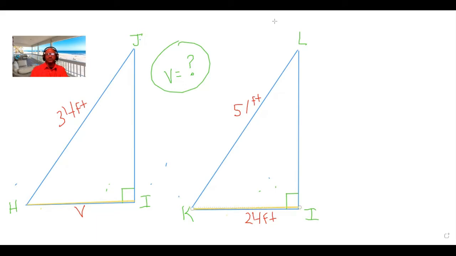And so let's go ahead and write that proportion out, or let's write that fraction out, which is really what it is. So we said HI corresponds to KI.